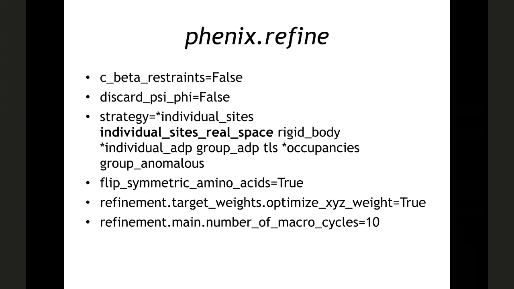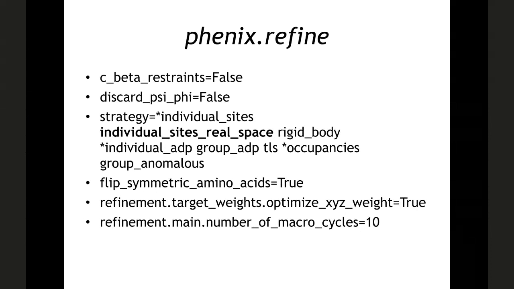However, if you want to be more proactive and get a better optimization for the weight, this option at each macrocycle will run 10 refinements with different weights and pick the best one. We did this to see if this would help with the Amber refinements, and it certainly does.